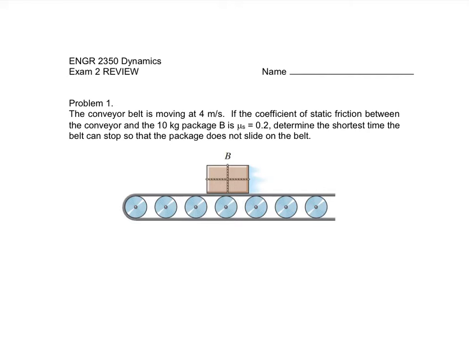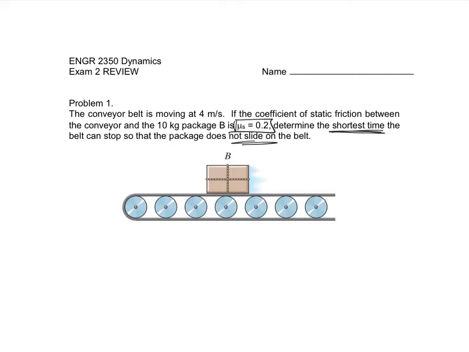All right, so there's no sliding on the belt. It only gives us mu s of 0.2, but it's asking for the shortest time. It's like this extreme value. What's the shortest time that the package does not slide on the belt?